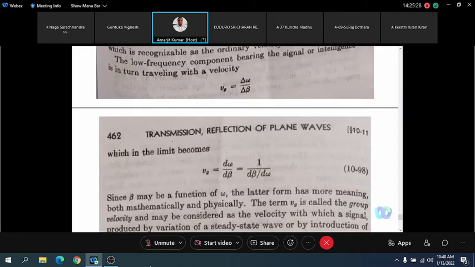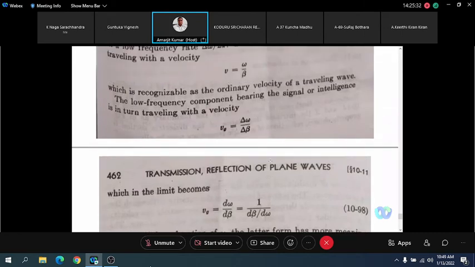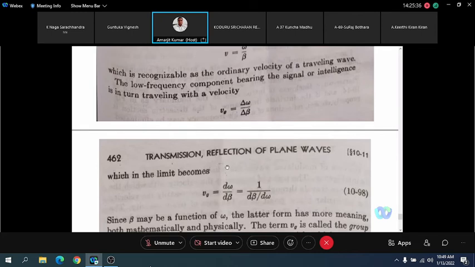Okay. So in the limiting case, when delta omega tends to 0, you can write delta omega upon delta beta as 1 upon d beta by d omega.